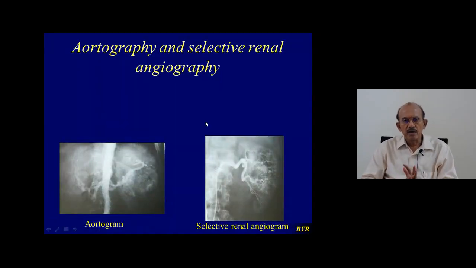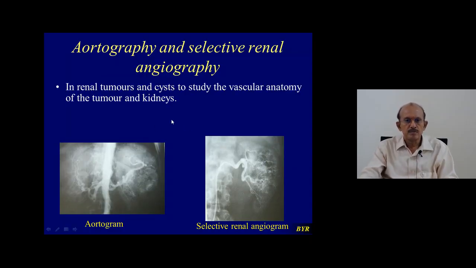Then angiography and selective renal angiography. In renal tumors and cysts, it is used to study the vascular anatomy of the tumor and kidneys. Just like in the liver, here also you can pass a catheter into the renal arteries and then take the pictures.